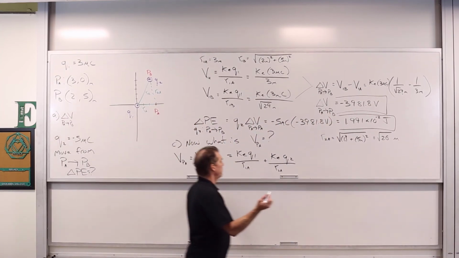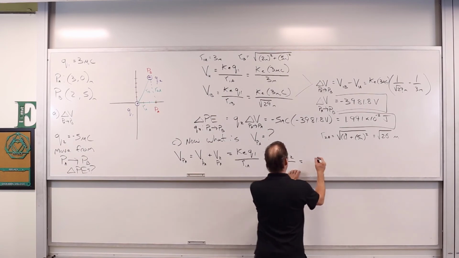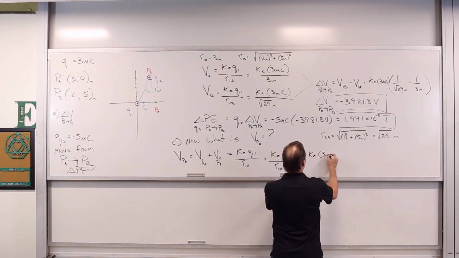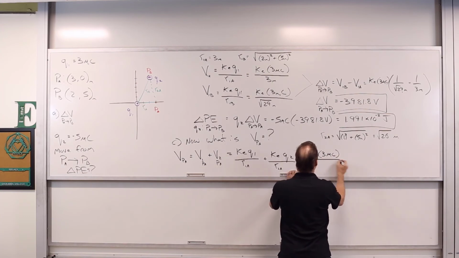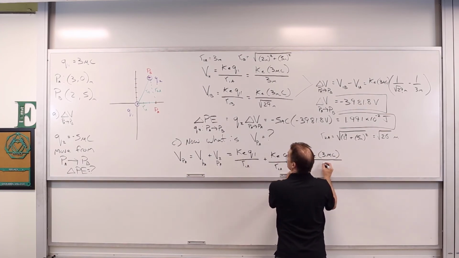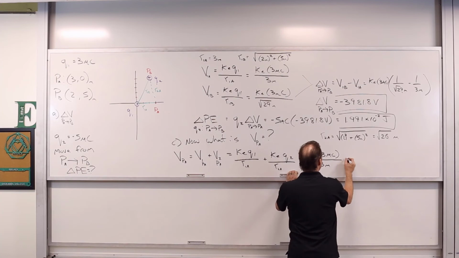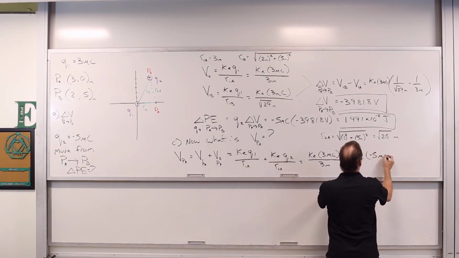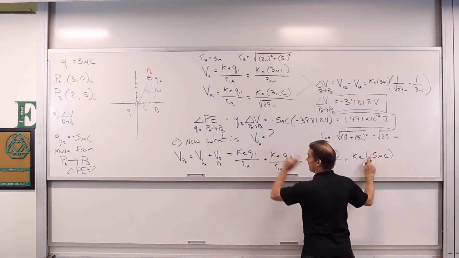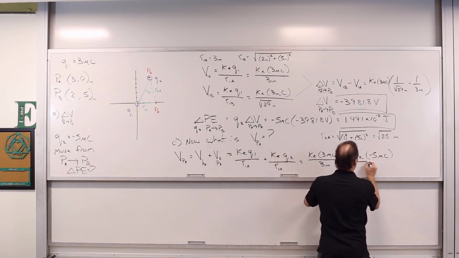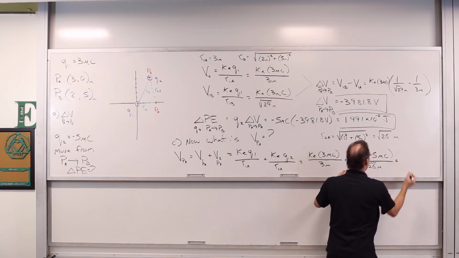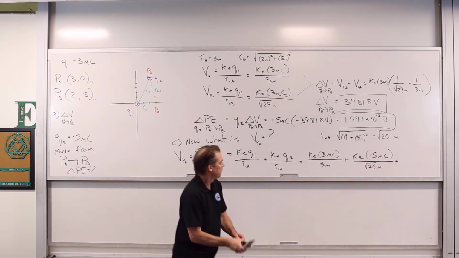All right, so in the end, what do we have? We've got K sub E times 3 microcoulombs divided by 3 meters plus K sub E times negative 5 microcoulombs. Don't forget the negative sign, it's a negative charge there, divided by root 26 meters. So what do we do?